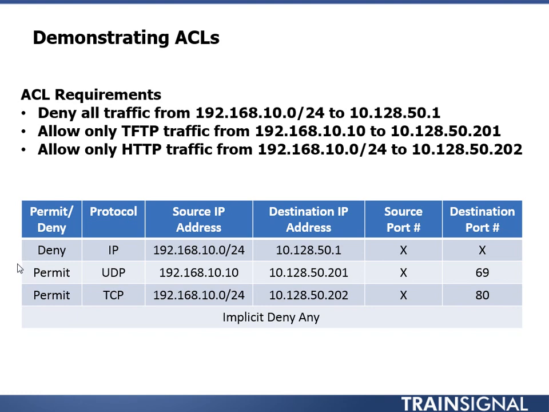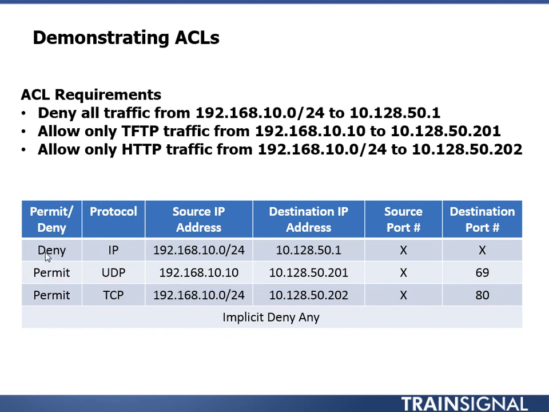I would come to the rule that permits any traffic from the entire network 192.168.10.0 to port 80 on my web server, and the next line would never get hit with that traffic, because my IP address 192.168.10.10 is inside of that network.